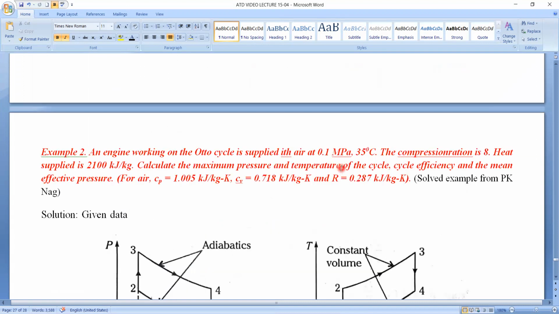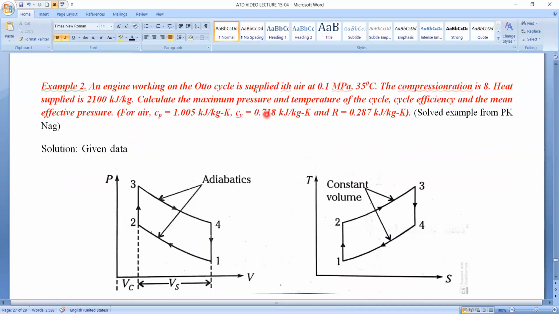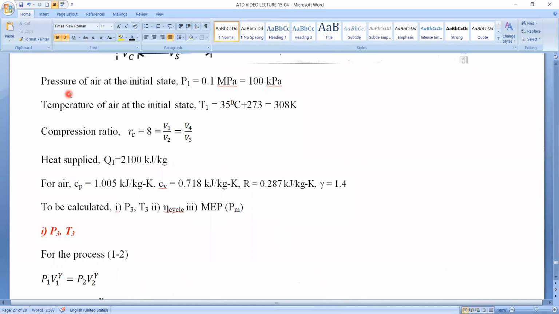So clearly for the Otto cycle, these are the initial conditions. 0.1 megapascal is the initial pressure at state 1 and 35 degrees centigrade is the initial temperature at state 1. Be careful while writing the given data. The pressure of the air at the initial state, P1 equals 0.1 megapascal.